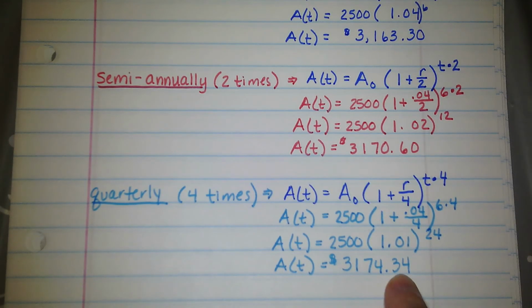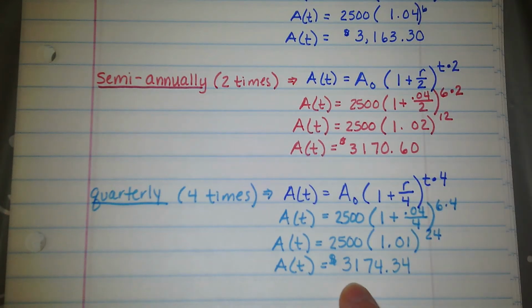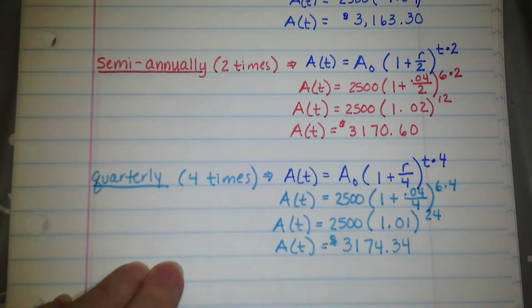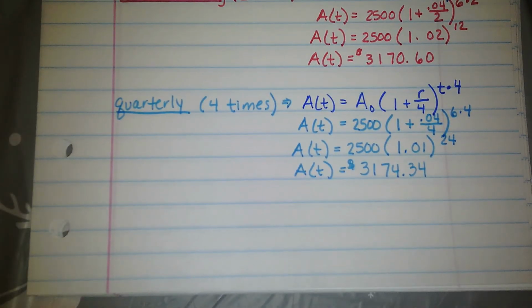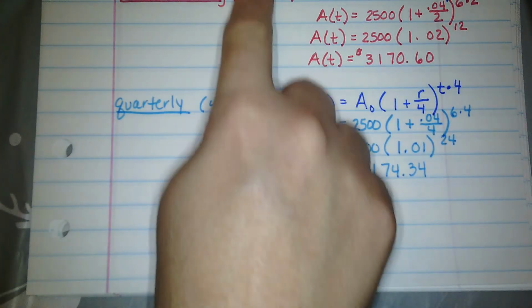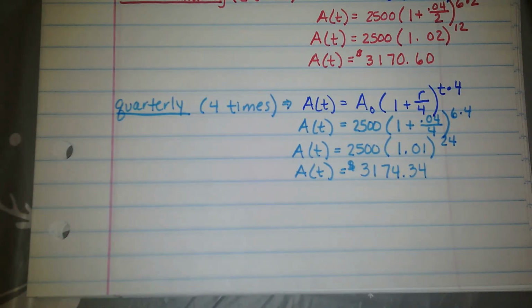So check it out. We're going from 3163 to 3174. We've officially gone $10 more just in interest. Okay. So it looks like increasing the number of times you compound is going to increase your interest over time. Next one I want to do is monthly.